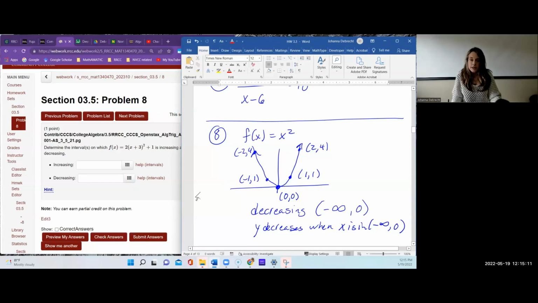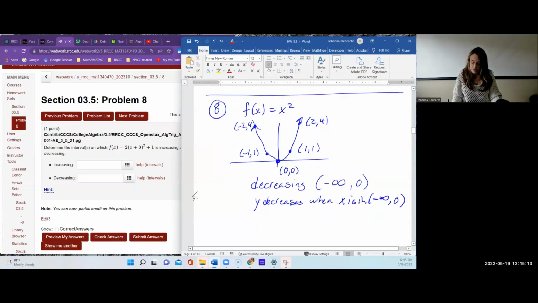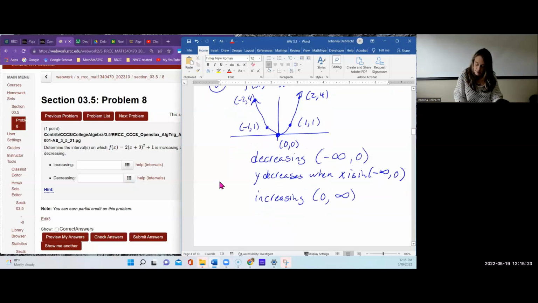The y value is increasing, while the x value sits between 0 to positive infinity. So we would say it was increasing on the interval from 0 to infinity. That means that y increases when x is in the interval from 0 to infinity.